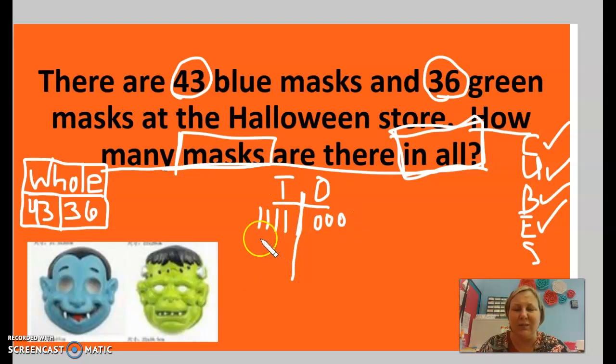And 36, I'm going to draw it underneath it. 10, 20, 30, then 1, 2, 3, 4, 5, 6. So 36. Now I'm ready to add them together.